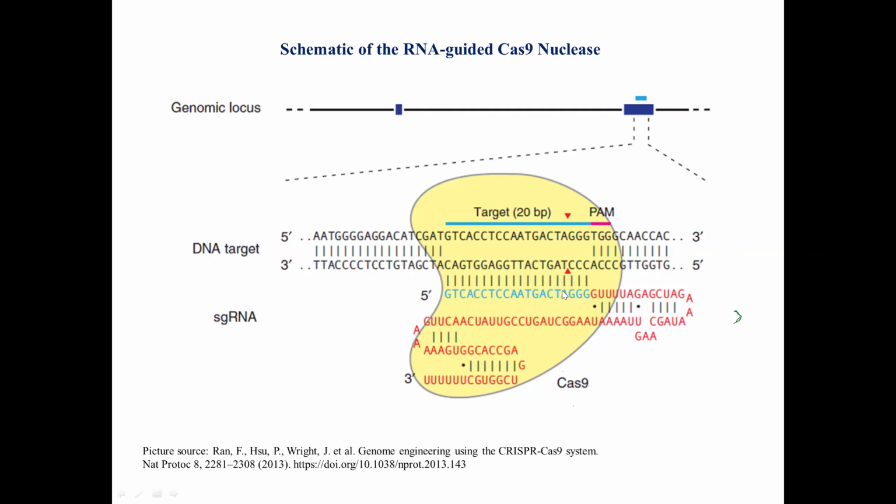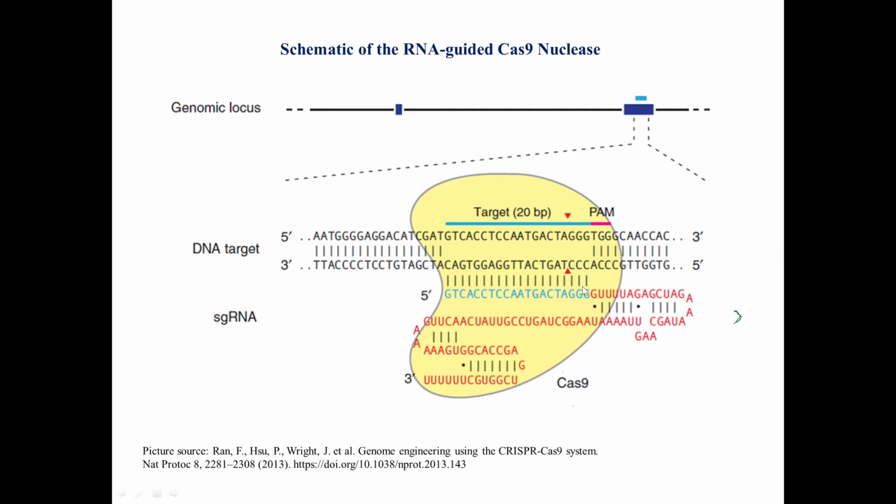If you want to target some other gene, for example the S100A4 gene, then again only this 20 base pair stretch will change. For that gene, I find one unique sequence that I want to target, and I graft that sequence here.